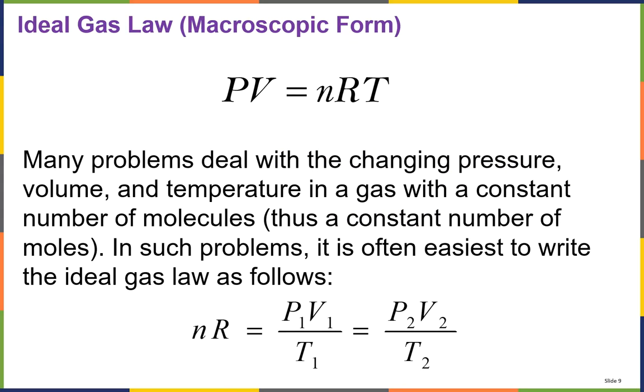A state is defined by those variables of state: the pressure, volume, temperature, and number of molecules. As you do problems in thermodynamics, you're often dealing with the change in pressure, temperature, volume, etc. And in those problems, it's easiest if you say, well, we're keeping the number of molecules or the number of moles constant. We almost always do that in physics.